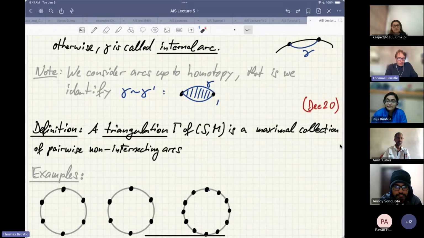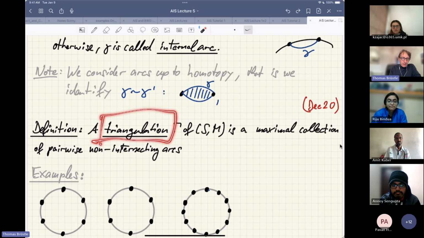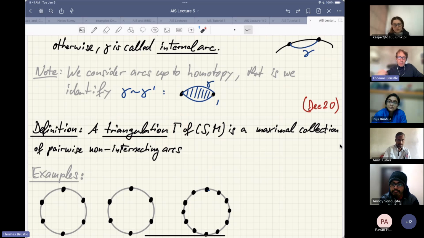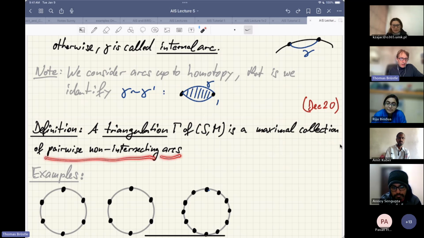So, it's written here, December 20. So let's start. Now, the important notion for today is that of a triangulation of the surface. A triangulation gamma can be defined as a maximal collection of arcs that are pairwise non-intersecting.